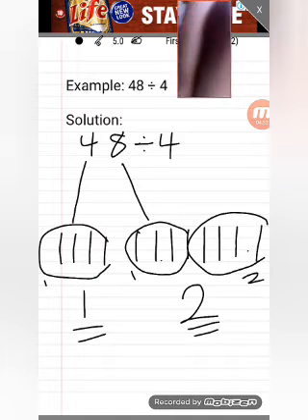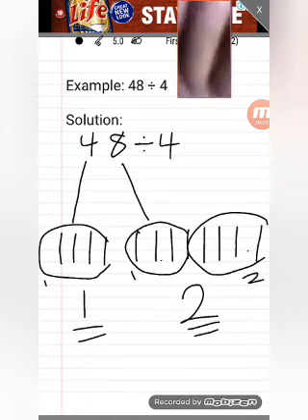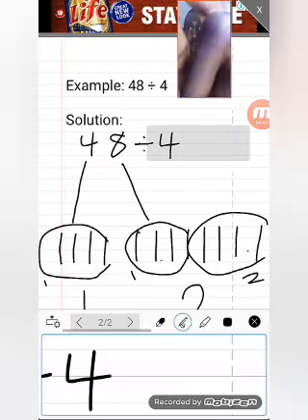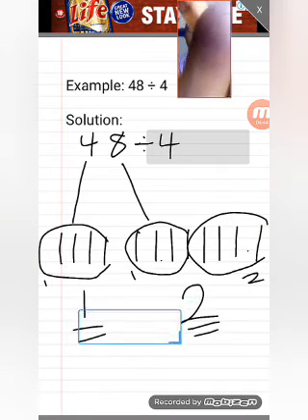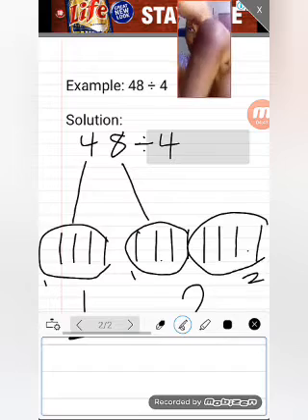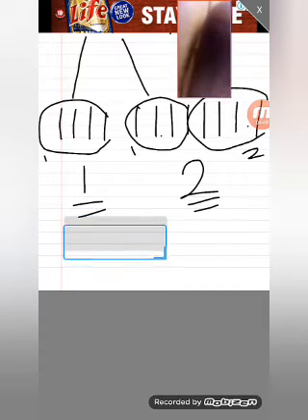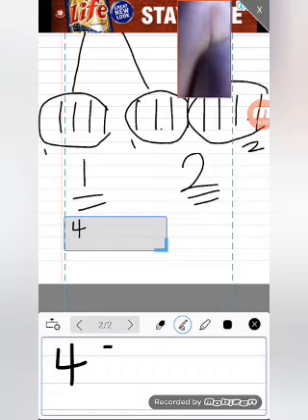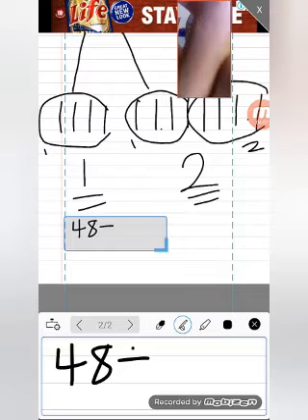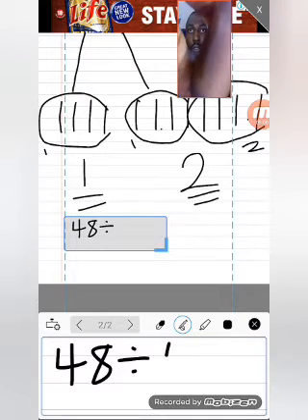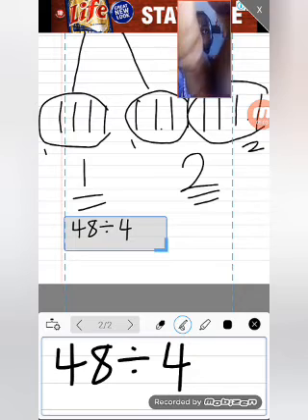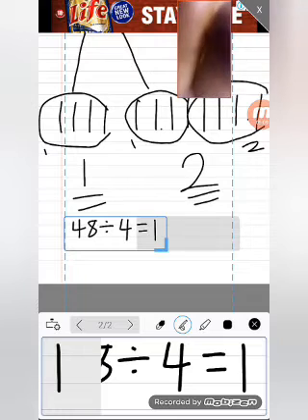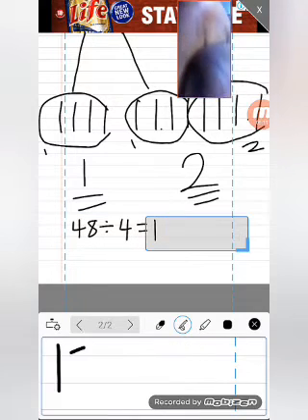So what does that mean? 1 and 2. Let us write it out. It means therefore that 48 divided by 4 is equal to what? 1, the one we wrote here, and 2.